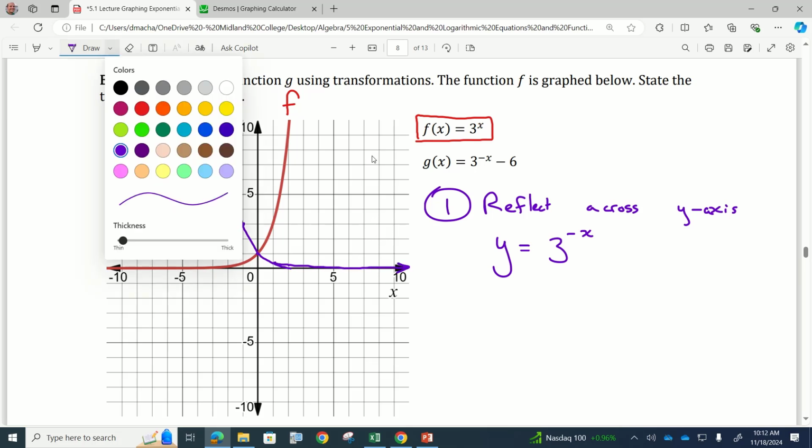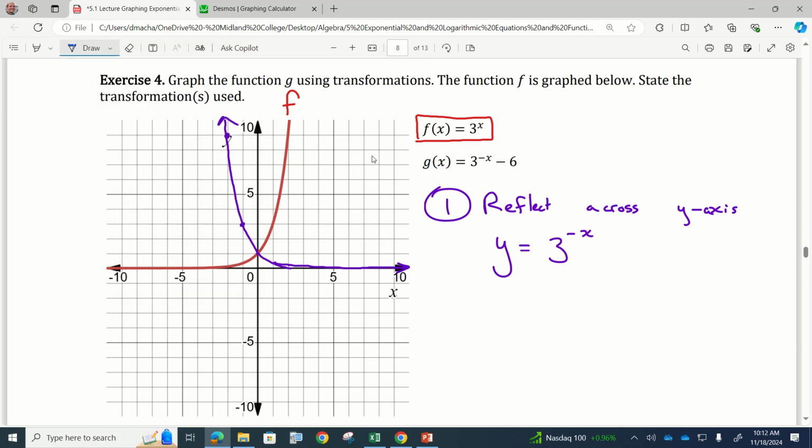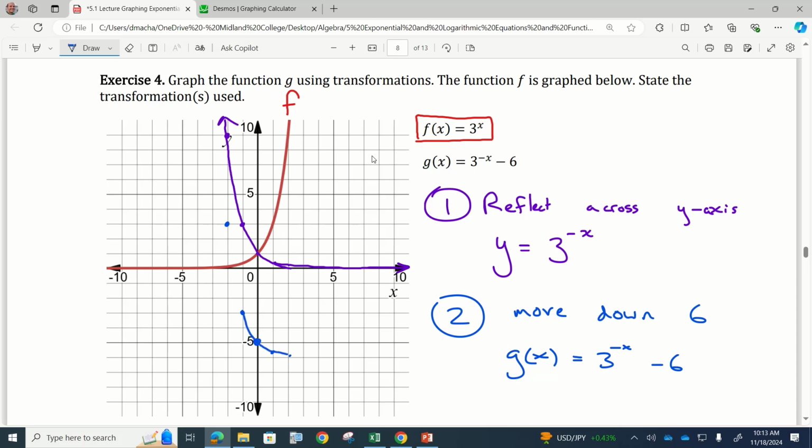Something like that. Okay, and then now if I want to get to my g function, you move down 6. So every single point gets moved down 6. And it's going to look like this.